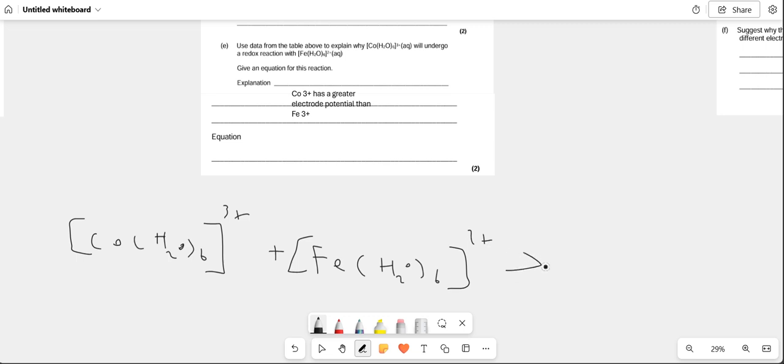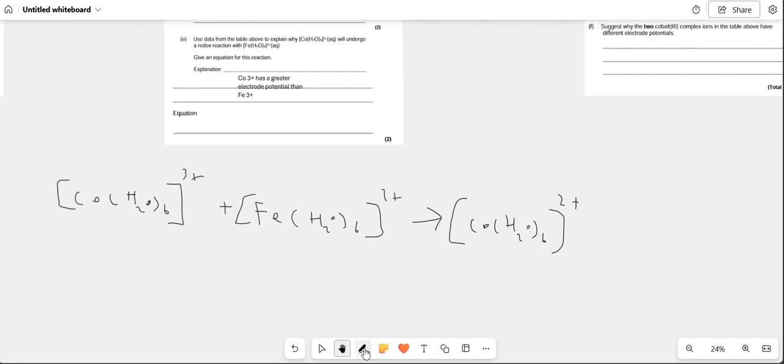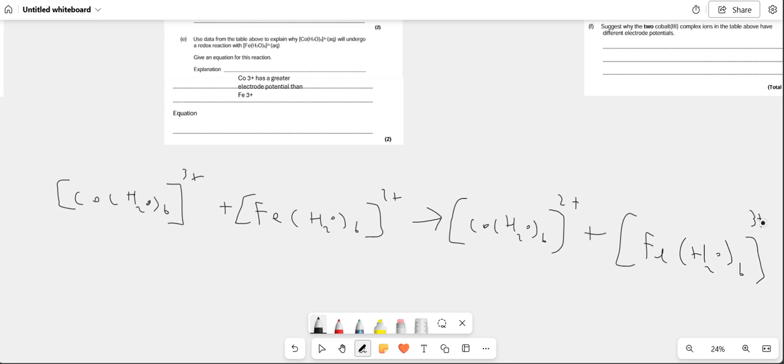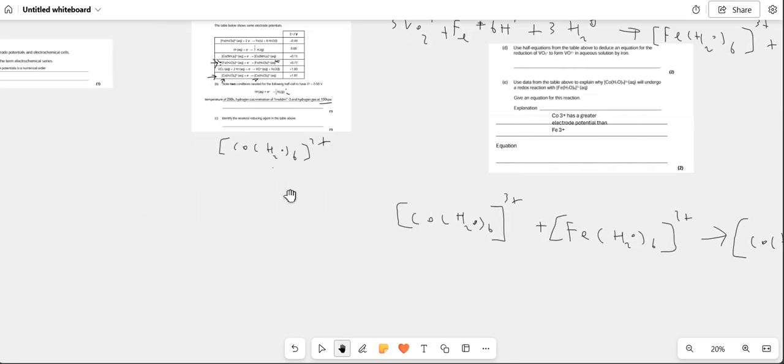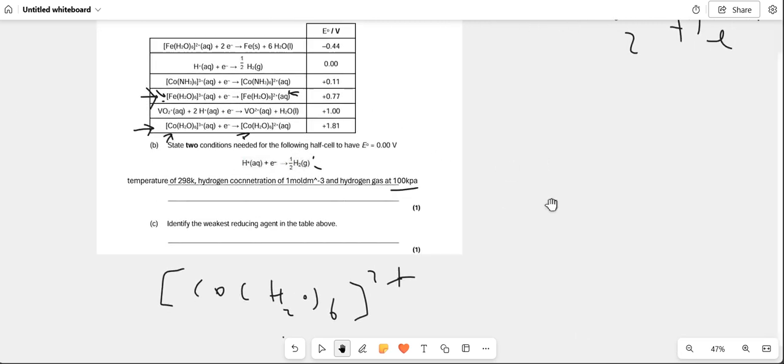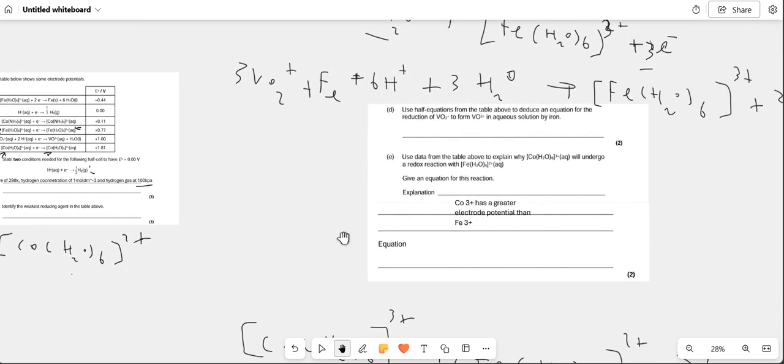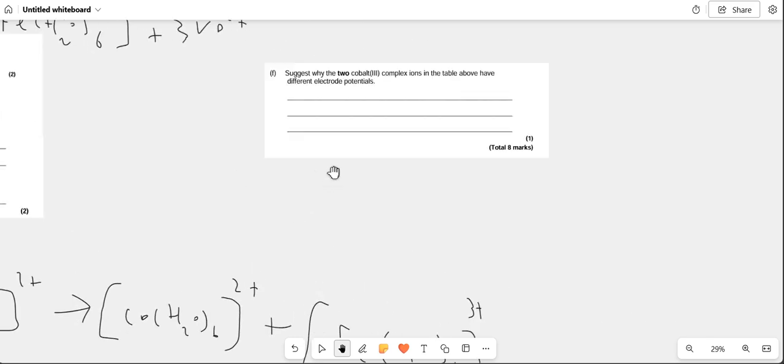It's going to produce, so that's the cobalt reaction going forward, it's going to produce Co(H2O)6 2+, and then the iron reaction going backwards is going to produce Fe(H2O)6 3+ here. That's the equation there, yeah.